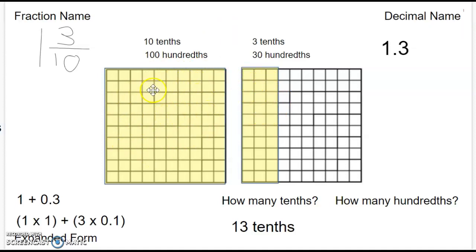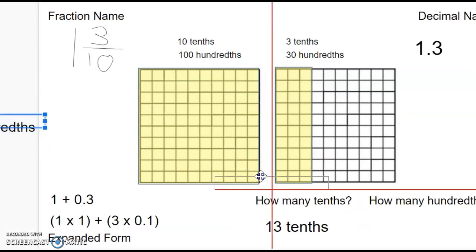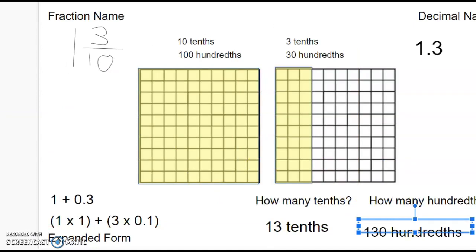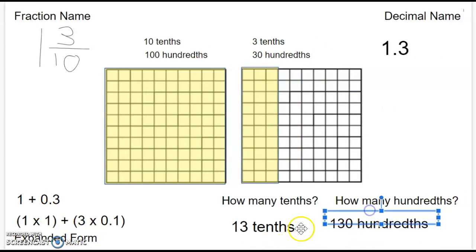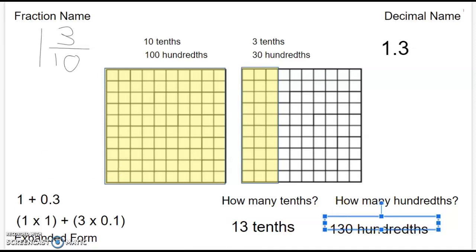You've got 100 hundredths. You've got 30 hundredths. So all together you have 130 hundredths. So I'll let you think about that for a second. I would write this down because on the next one you're going to do it alone or with someone that's in the group with you watching the same video.